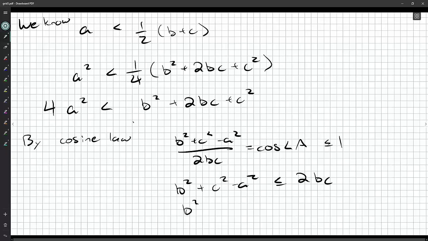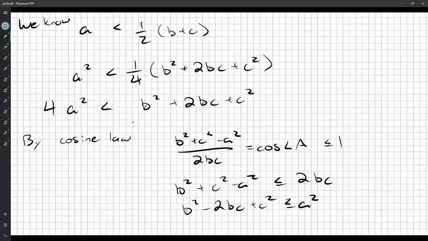Swap the sides. B squared minus 2bc plus c squared less than or equal to a squared. I don't think that's going to help us exactly, because all I've shown is b minus c is less than or equal to a, and that's just regular triangle inequality, although maybe the fact that we've got a triangle is something I need to be using.